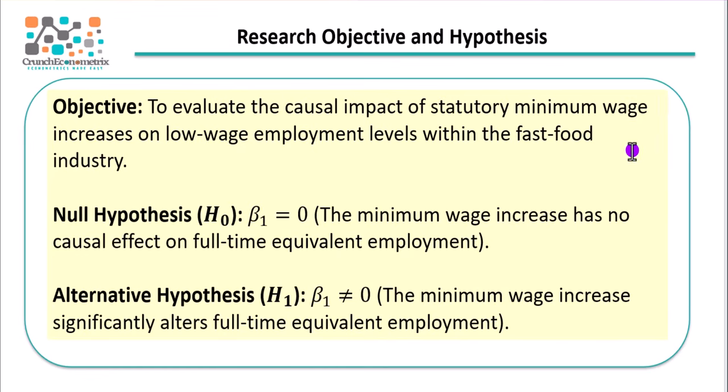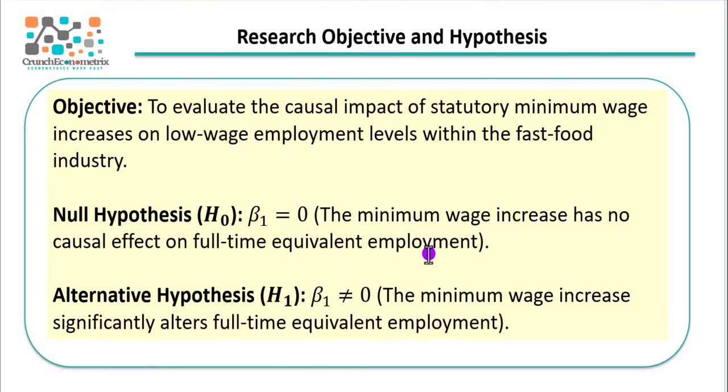In this video series, the objective will be to evaluate the causal impact of statutory minimum wage increase on low-wage employment levels within the fast food industry. So what will be the null hypothesis being tested? We are testing that minimum wage increase does not have any causal effects on full-time equivalent employment.